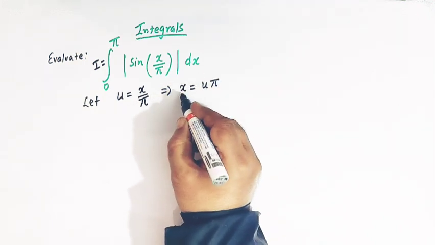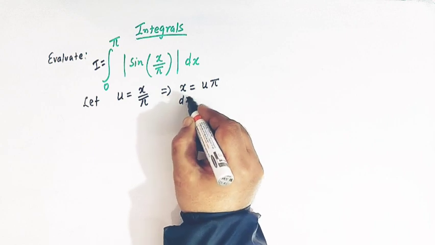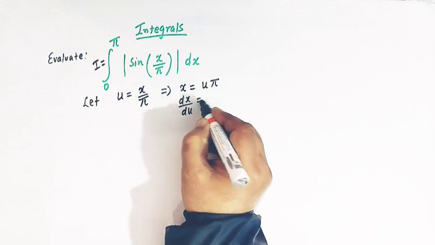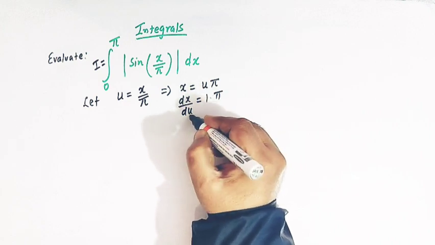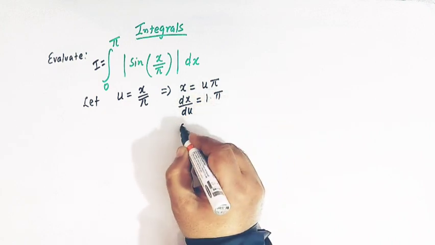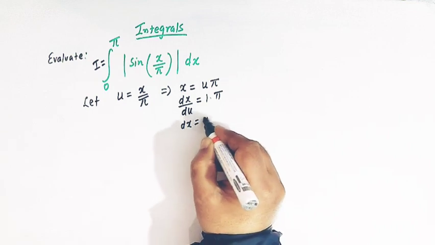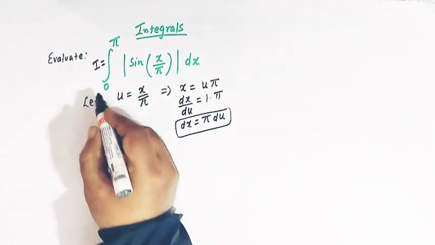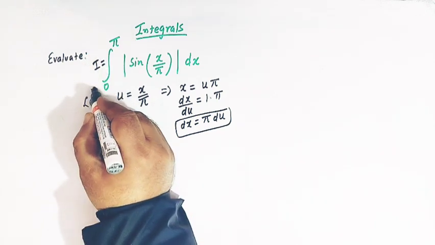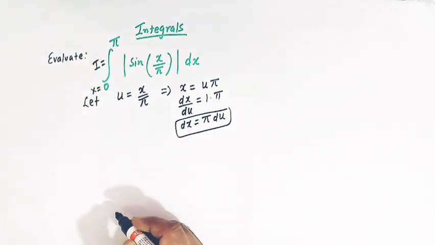Let us differentiate x with respect to u. So dx over du is equal to 1 times pi, because the derivative of u with respect to u is 1. So dx can now be written as pi times du. Now the limits of integration vary from 0 to pi.